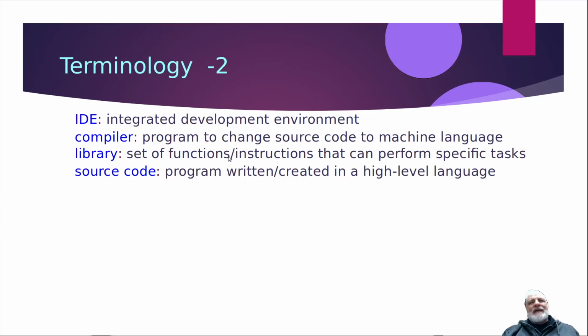So they have print functions built into these libraries, and then you can make use of them. Source code is the raw code created in a high-level language, usually in a human-readable form, so we can look at it and understand it, but it's not in machine language, so technically it can't be executed.